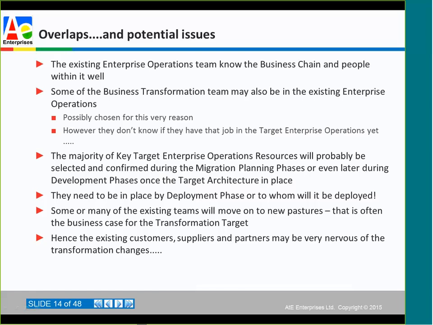Now, some of those teams in the existing area will move on to new pastures. That's often the business case. And so we need to recognise what role they play while they're still with us, but also what role they're going to play in the future. So some or many of the existing teams are going to maybe move into being our customers or our suppliers.